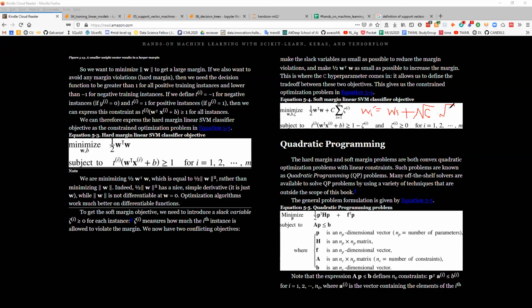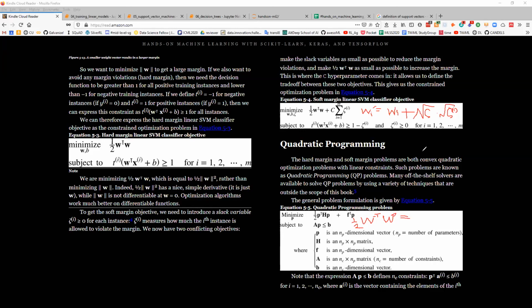Remember the zetas are positive, so we're allowed to take their square root. So if I redefine W that way, then I can write W prime transpose times W prime with the 1/2 in front of it. You see what I'm doing, right? I'm going to make this term look like this term.